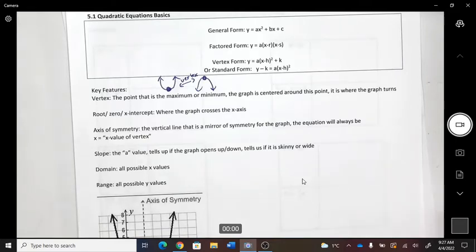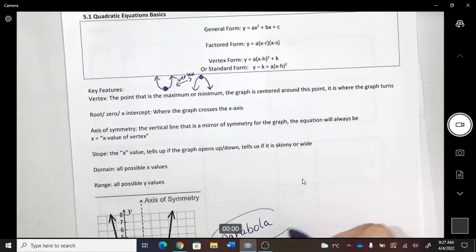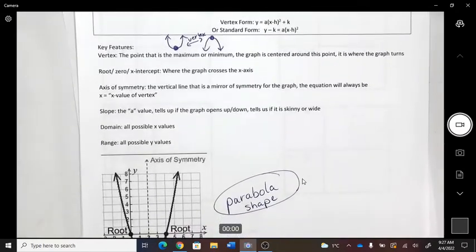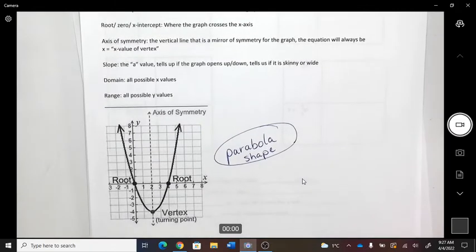Okay, and this shape is called a parabola. That's just the name of it.